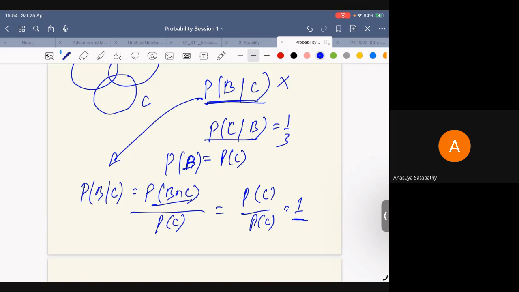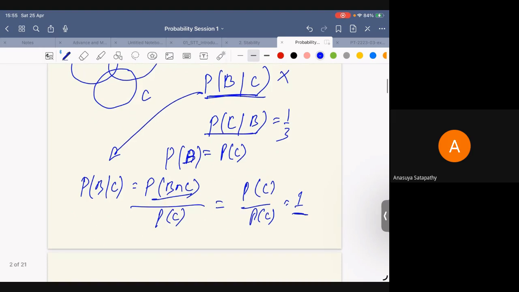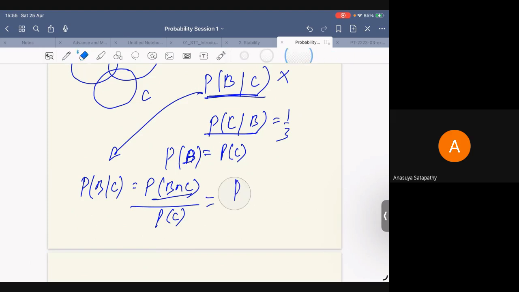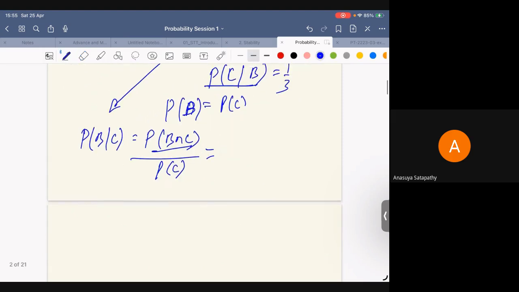It shouldn't be, it can be 1 also. Okay, I'm just not putting the value of the intersection here. Let's keep this condition 1.